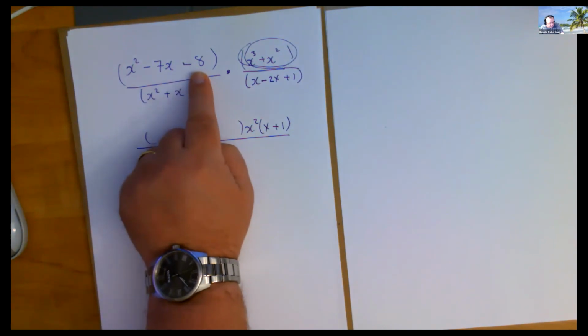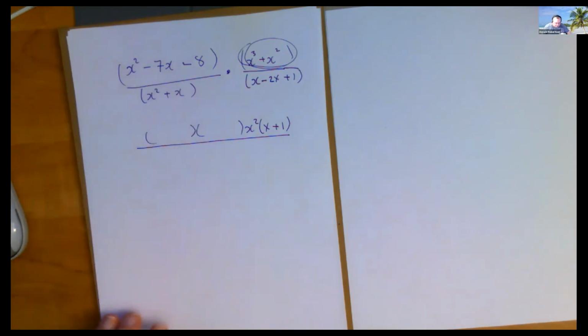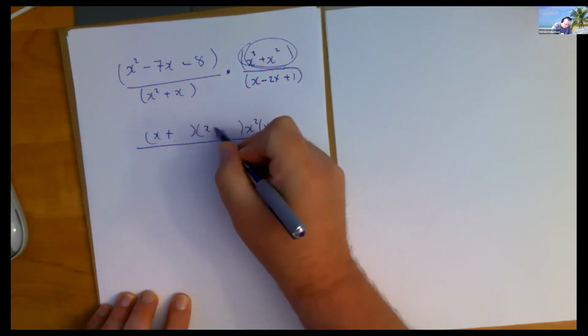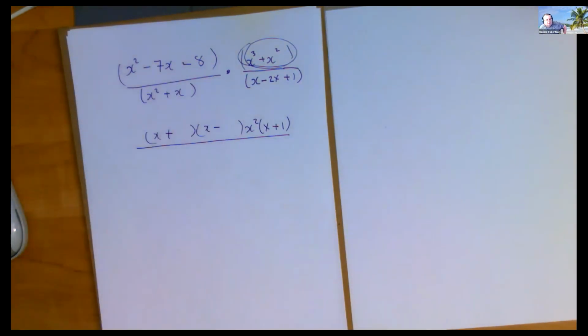Aren't I looking for 2 numbers that multiply together to give me -8, and when I add those 2 numbers, I get -7? So I am looking for 1 positive number and 1 negative number that matches this situation. What are the 2 numbers that I should use to get that? -8 and 1.